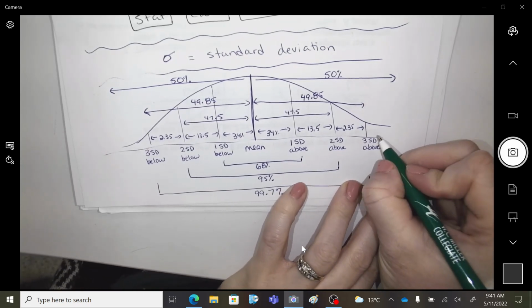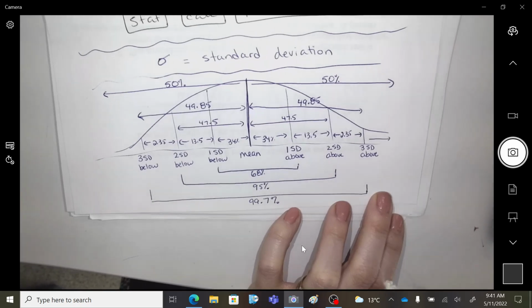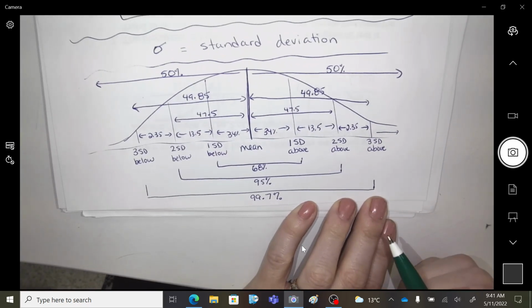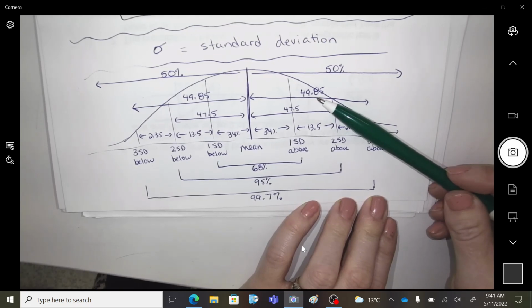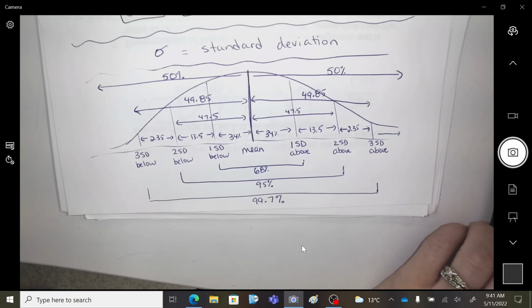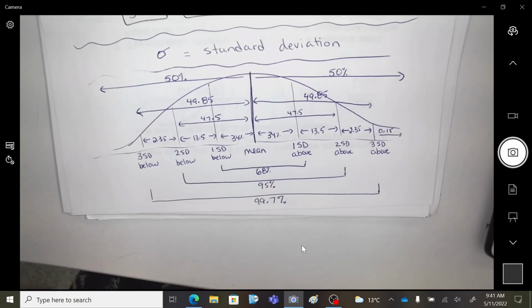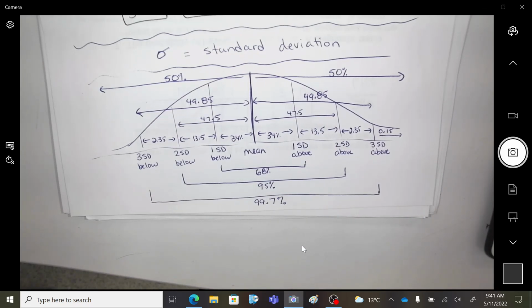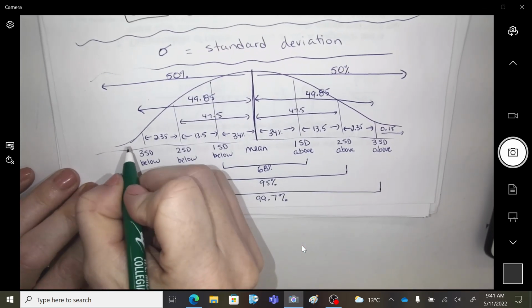So how much do I have in this last zone? I have to take the 50, subtract the 49.85. So 0.15 is left after that. Do you see how I'm getting all these numbers? I'm just taking the original 3 and then dividing them up into sections.